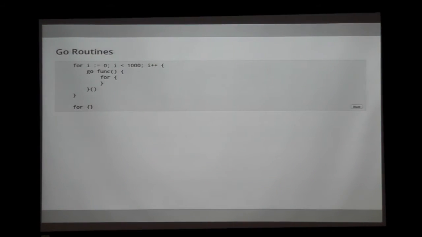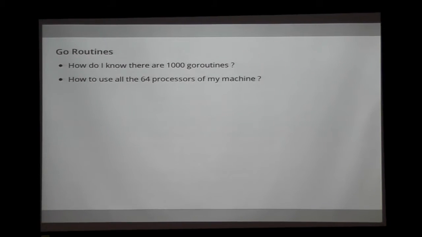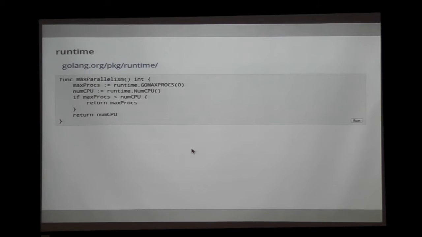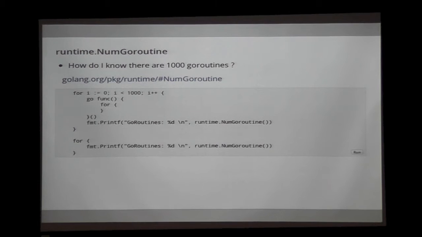One thing that I want to know here is how you know that there are 1,000 Go routines. We saw that there are 1,000 threads in Python and only 1 thread in Go, but how can we know if there are 1,000 Go routines? So we're going to introduce one of the first packages of tonight, the runtime package. With runtime, we can know, specifically with the function NumGoroutine, how many Go routines are executing right now.